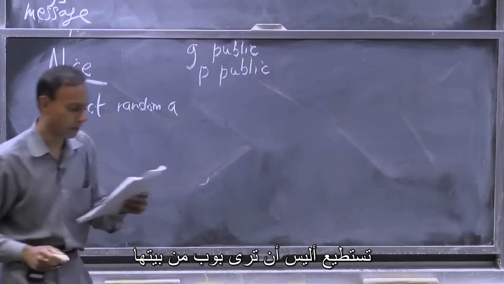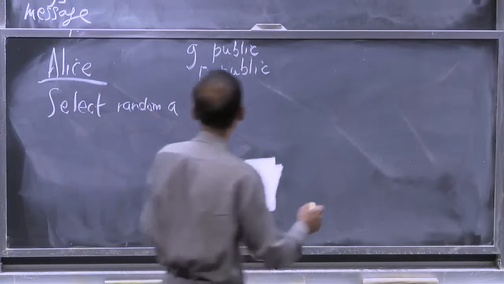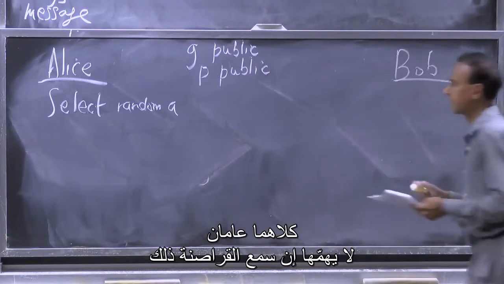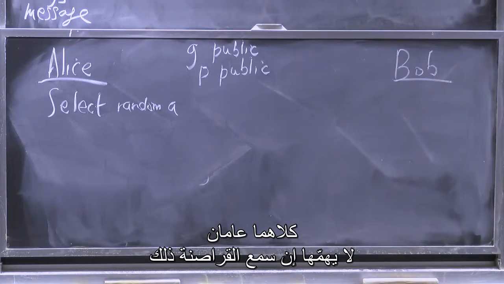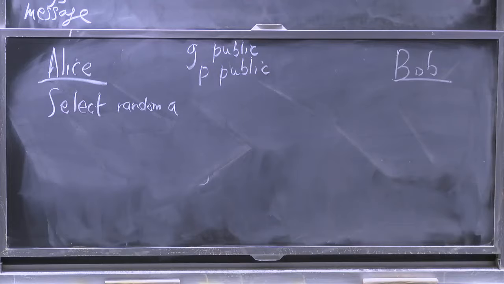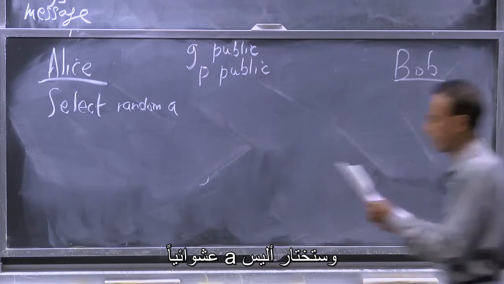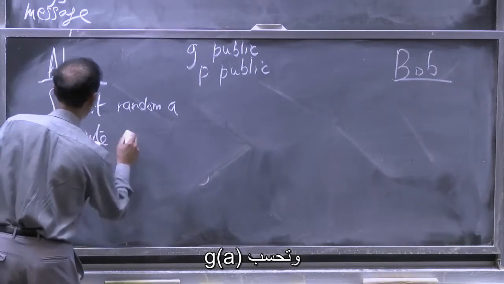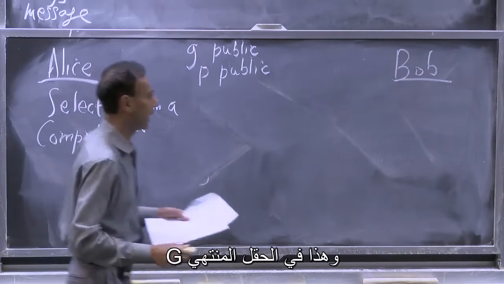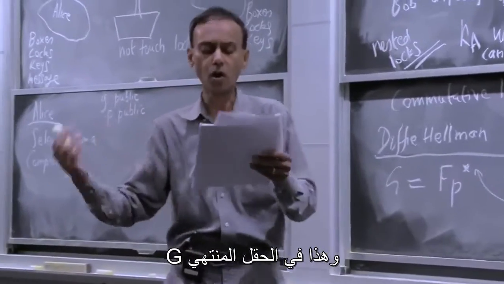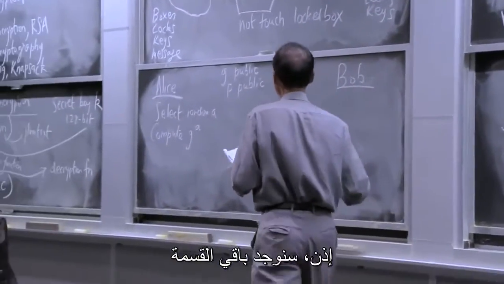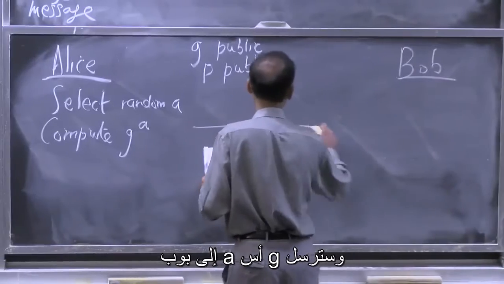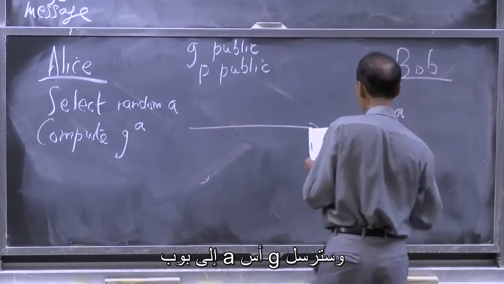Alice can see Bob from her house, so she shouts out G and shouts out P. They're all public. She doesn't care if the pirates can hear this. And Alice is going to select A, which is random, and compute G to the A. This is in the finite field, so you're going to do your mods. And she's just going to send G to the A over to Bob.